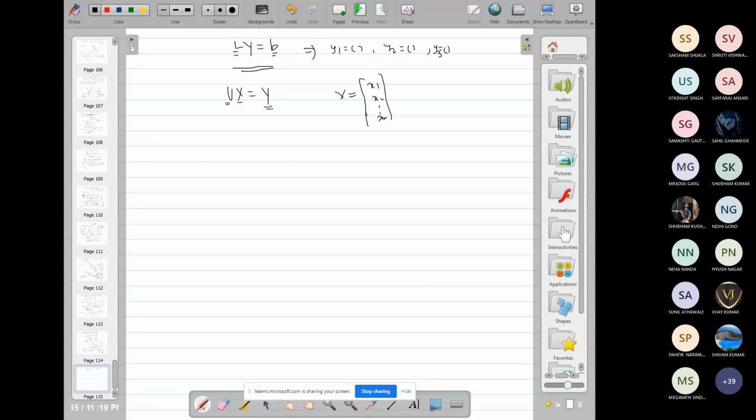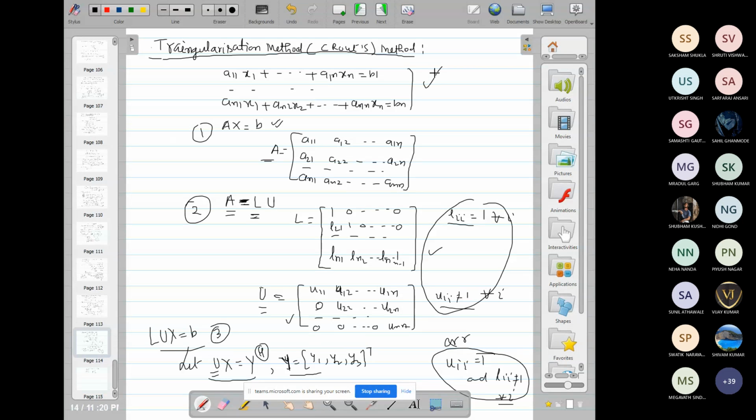So from this system of equations we obtain this vector x, x1, x2, xn. The vector x is determined, that is the solution of the given system of equations. So this is the procedure to solve a given system of equations by using the triangulation method.